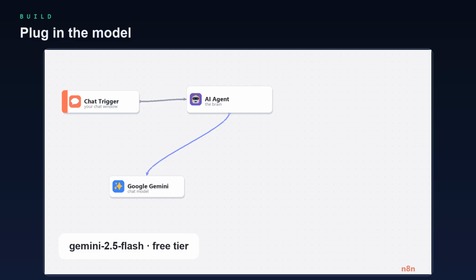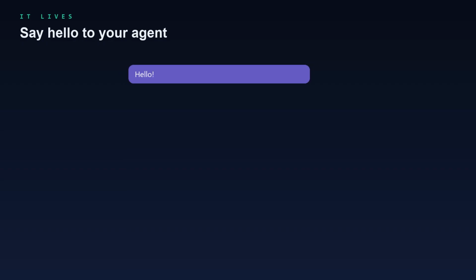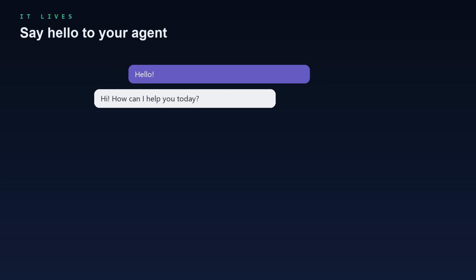See the little sockets underneath? That's where we plug in its abilities. Click the model socket, choose Google Gemini Chat Model, and paste your API key as a new credential. Pick Gemini 2.5 Flash, fast and free tier friendly. And that's already a working chatbot. Open the chat, say hello, it answers.